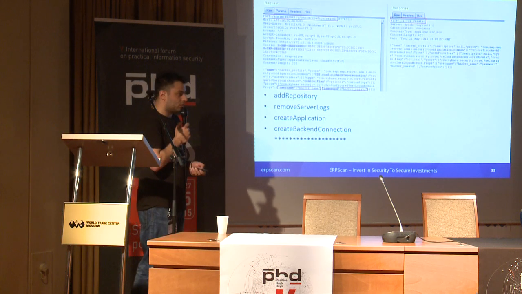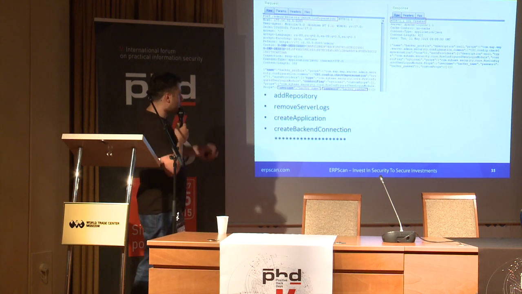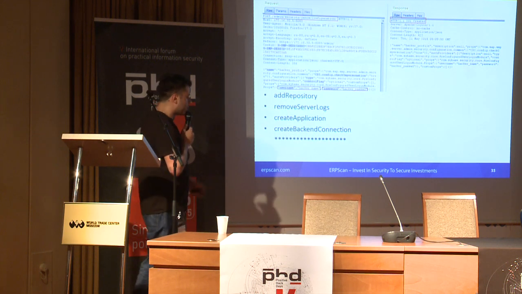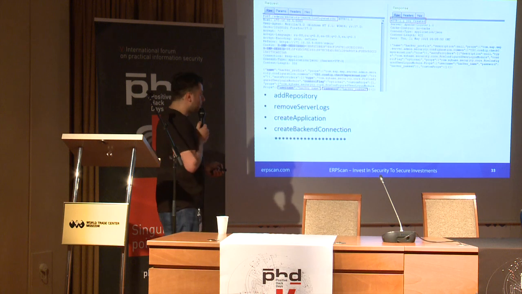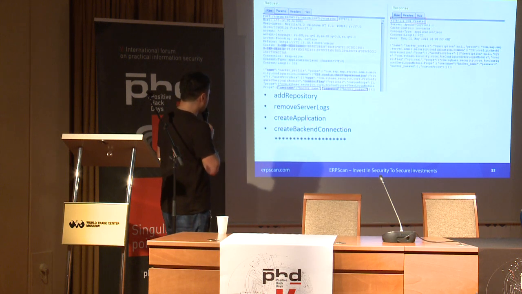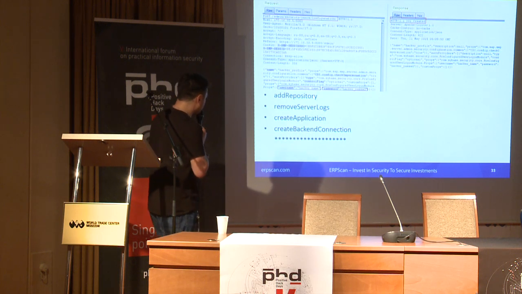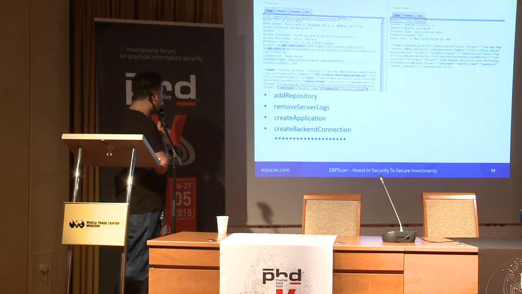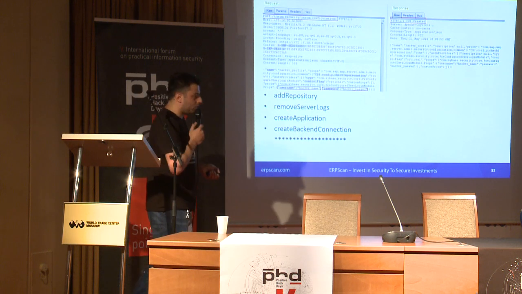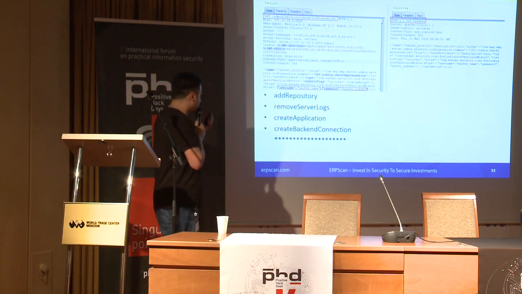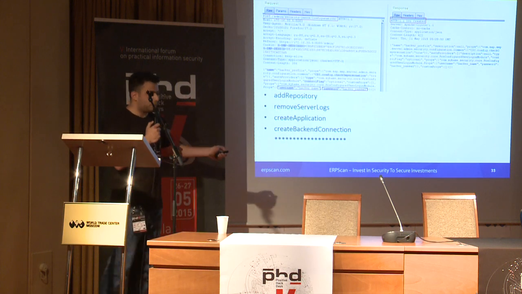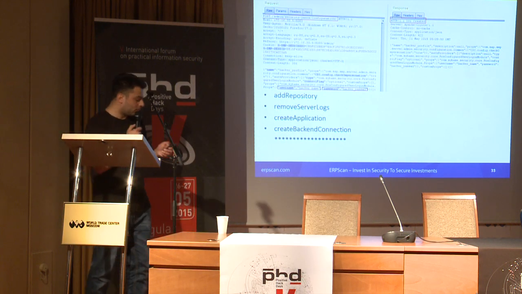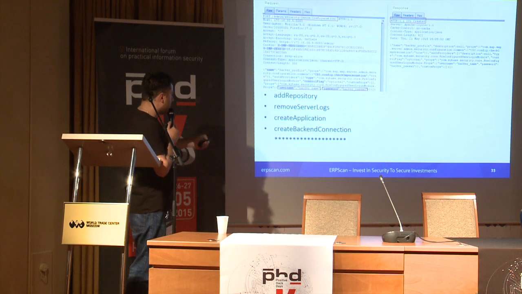Afterwards, the attacker can use this administrator's identification data for his own purposes in order to enter the portal and remove logs. There are also some other requests which are subject to CSRF attack. The attacker can create a repository, remove server logs, create applications on SAP Mobile Platform, and do many other things.